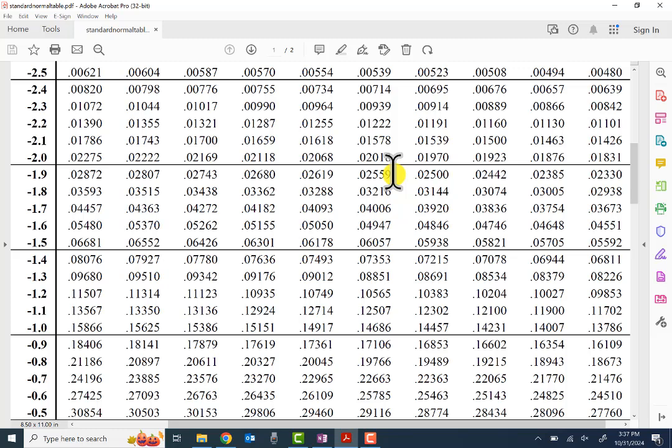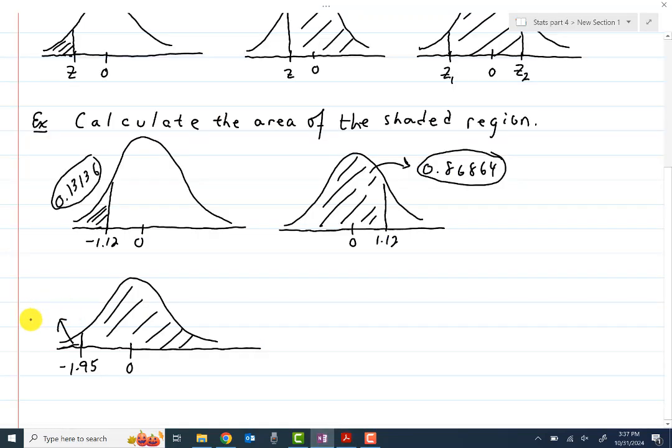So 0.02559. If I want this area, then I can subtract that from 1. That gives 0.97441.